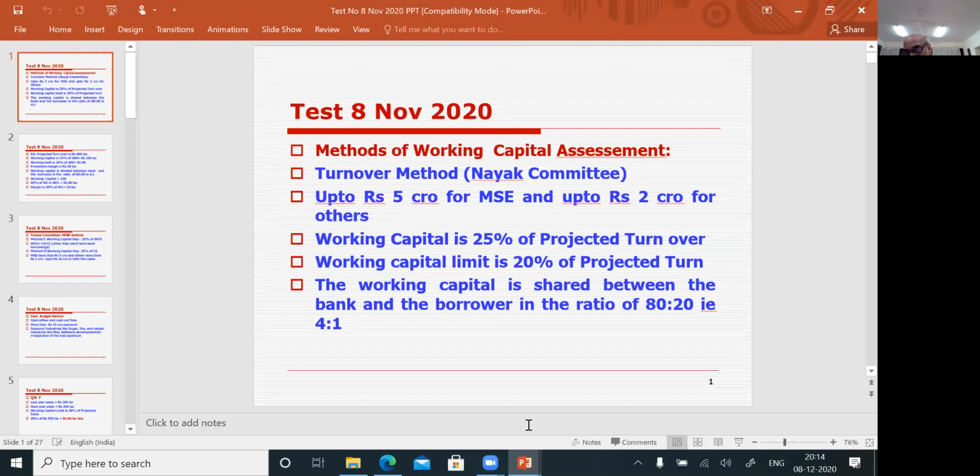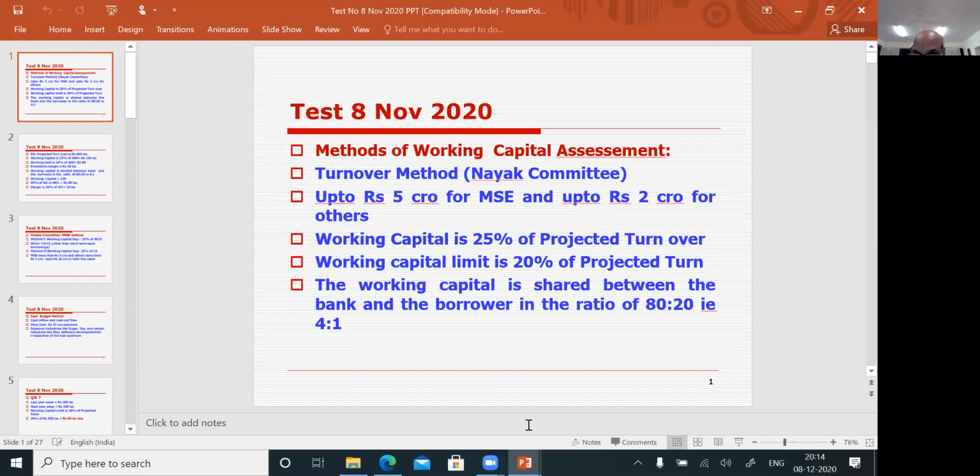turnover method. What is that? We will see in detail. What I want to tell is, if the borrower is an MSC borrower, not MSME, please hear in your ears, at least 3 days you keep it with you. So if the borrower is micro small enterprises, not micro small medium enterprises. Friends, CGTMSC cover is available only for MSC borrowers.